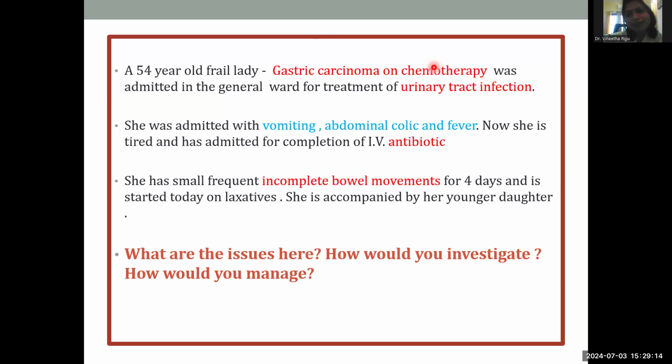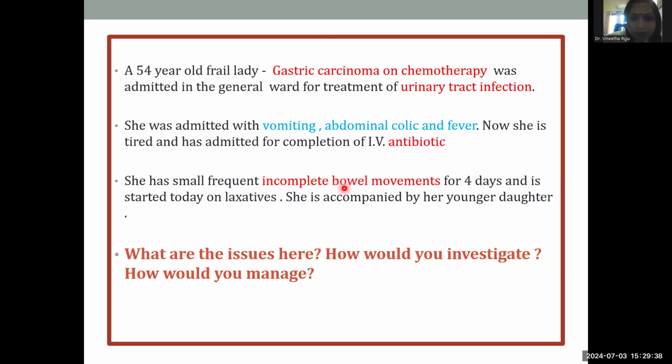You have had a class on nausea and vomiting, and there are so many things which could be a reason, but pertaining to this case, we know it could be UTI per se, which causes the vomiting. It can also be that the patient is constipated, which is causing the vomiting. Okay, like you all rightly said, and the abdominal colic also could have been part of it.